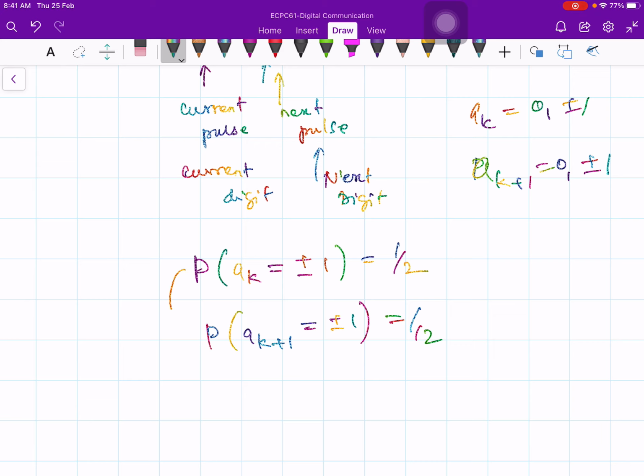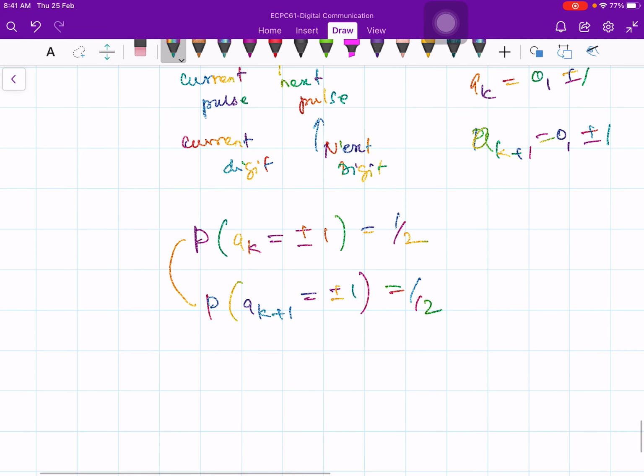And as I said, these two events are independent of each other. Therefore, what is the probability of both of them being non-zero?